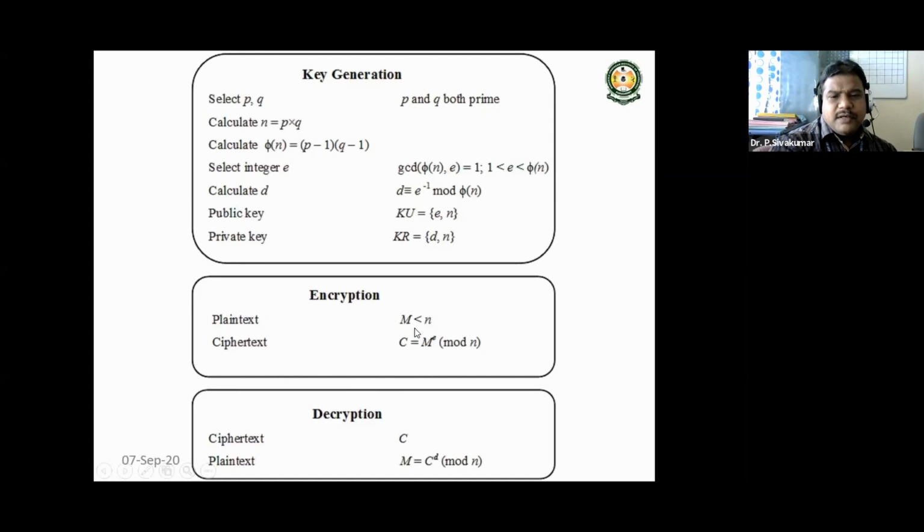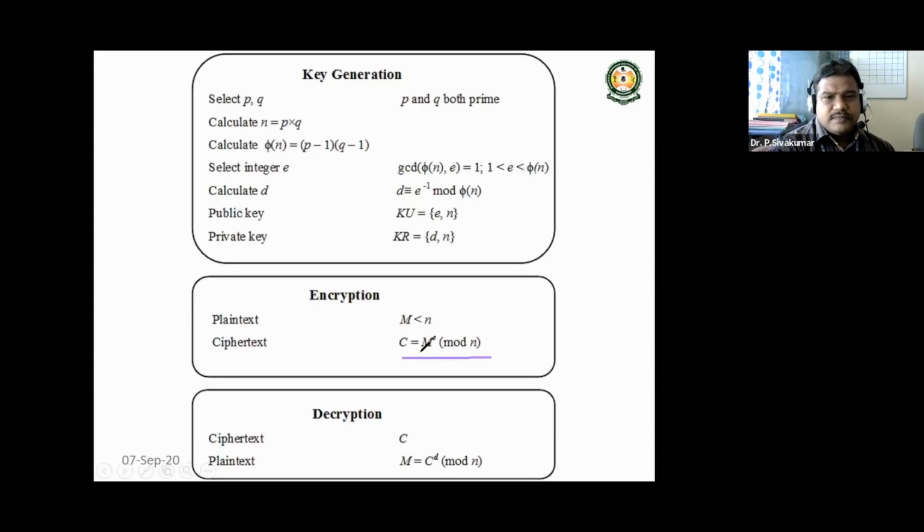The plain text M will be taken from user A. Any text you want to encrypt, M compulsorily must be less than the n value. Then you can get your ciphertext using the formula.